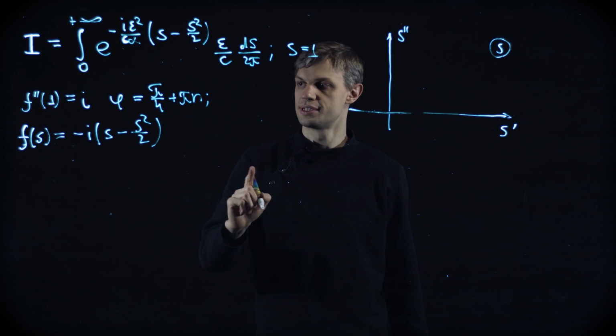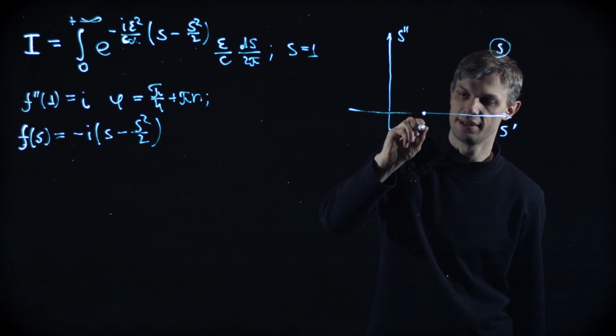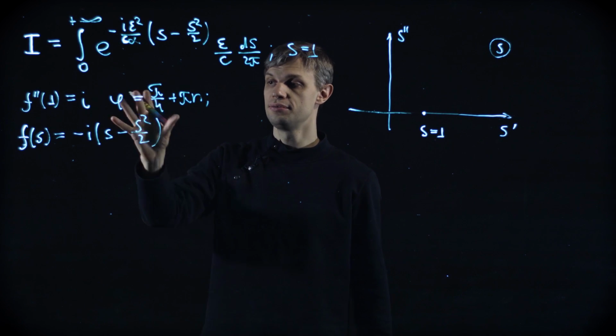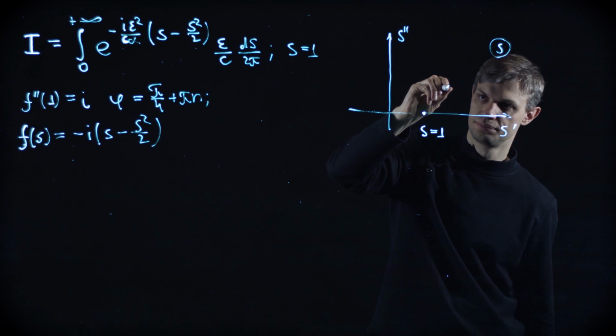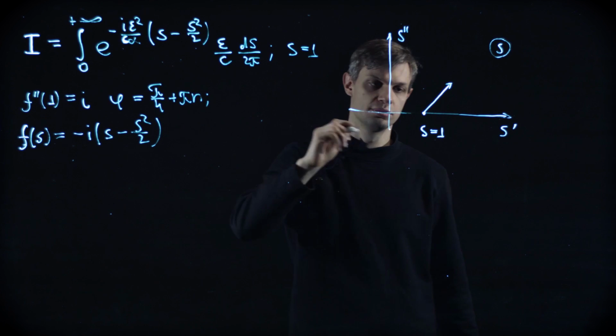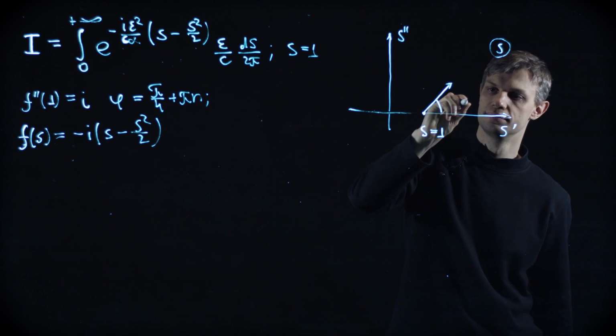And the saddle is positioned at the point s equal to 1. And as usual, there are two steepest descent directions. One is pi by 4, which corresponds to n equal to 0, right? Okay.